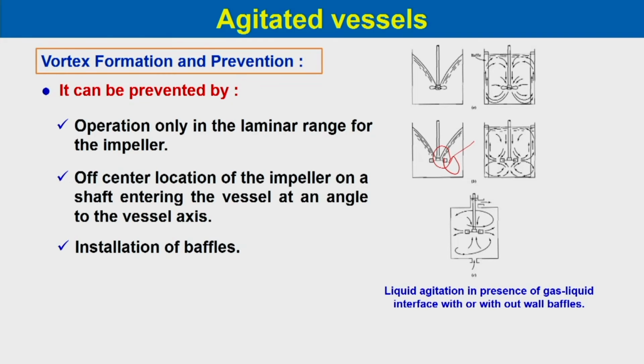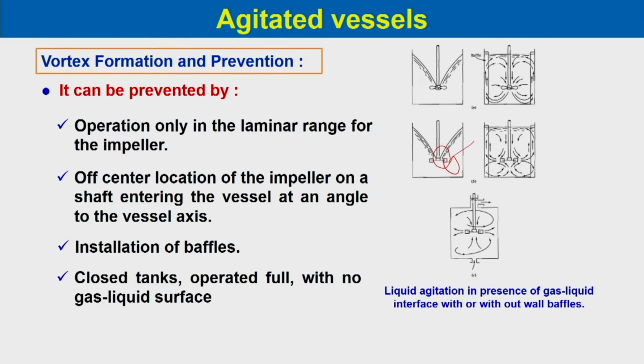And then the third option is you can use baffles, which is the most commonly practiced, helping break the vortex formation and giving good mixing in the phases. Closed tanks operated full with no gas-liquid surface also can be used.